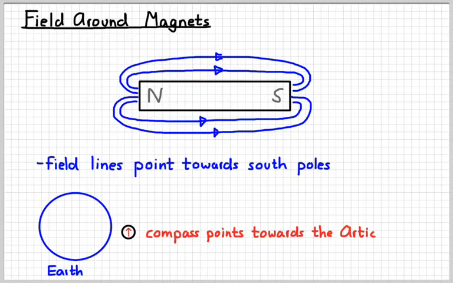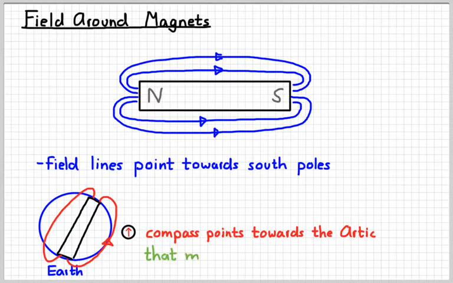I'm going to say the Arctic, just so that we don't get ourselves confused. And so if you imagine the Earth as having a giant bar magnet inside of it, if a compass needle is pointing towards the Arctic, then the Arctic must be a south pole.